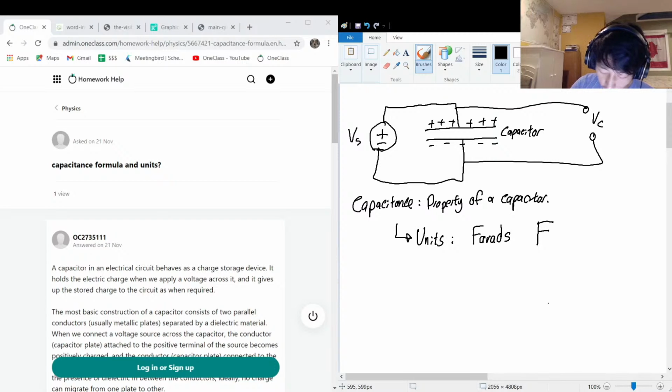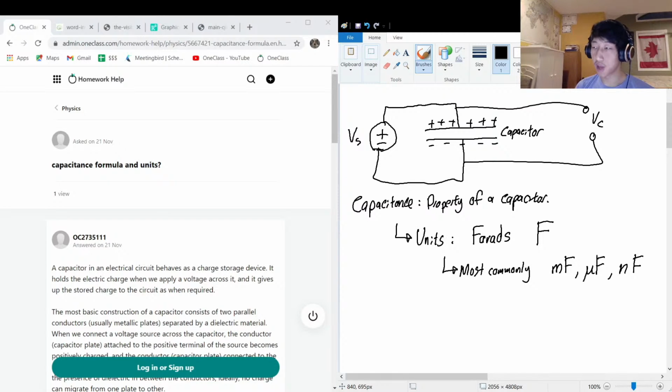Most commonly you'll have millifarads, microfarads, sometimes even nanofarads, because if you have 5 farads, that's a massive capacitance. So it's typically going to be small values like this.